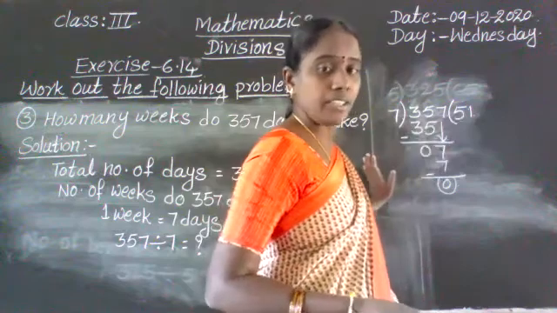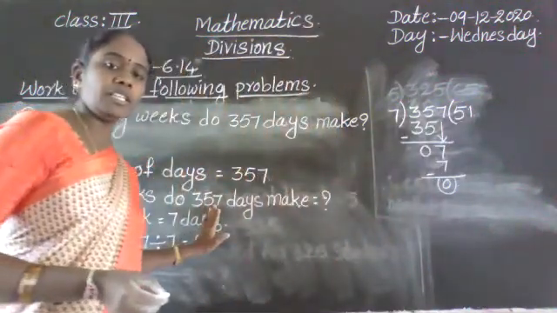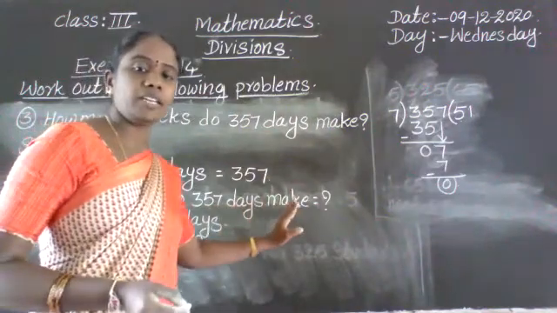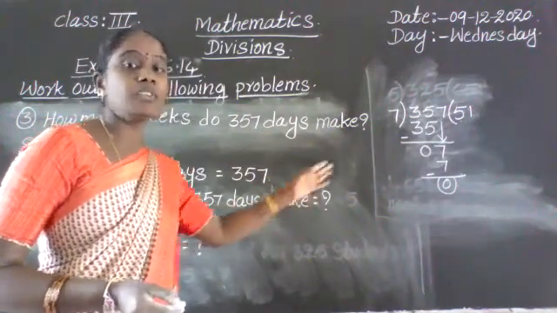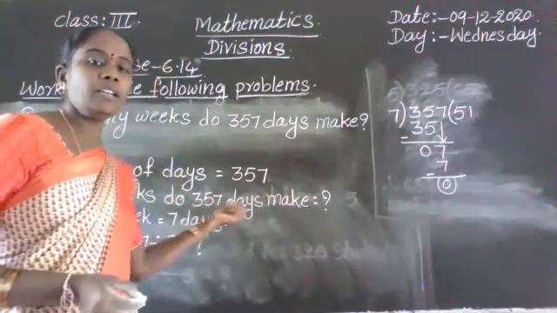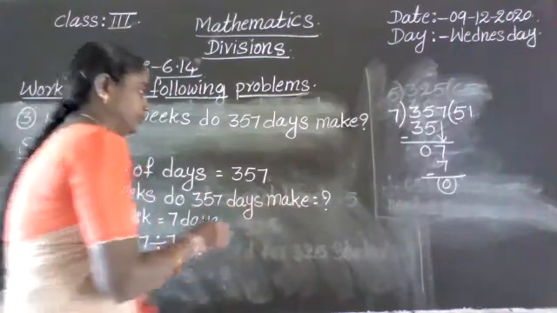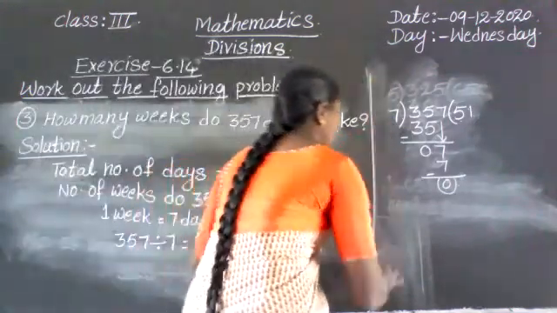How many weeks, children? Number of weeks? Do 357 days make? Yes, 51 weeks. 51 weeks make 357 days. Right, confirmation.